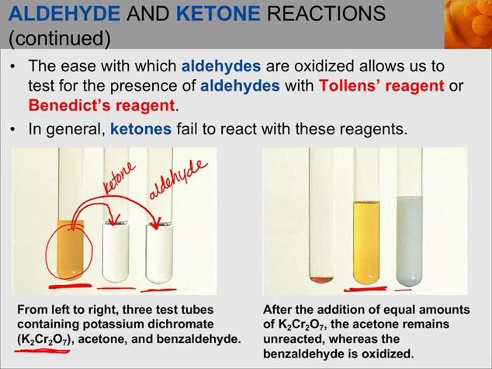But the aldehyde did react with the oxidizing agent, and it changed color. And a change in color is one of the clues that tells us a reaction occurred. So the benzaldehyde has been oxidized.